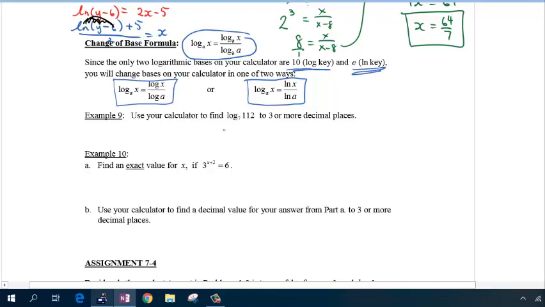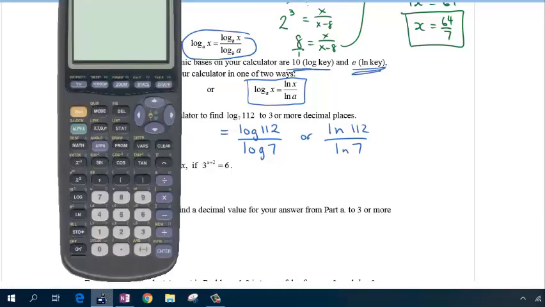So for number 9, you can rewrite this as log 112 over log 7 using the common base of 10. Or you could have also used natural log of 112 over natural log of 7. And in both of these cases, you should get the same decimal answer. You don't believe me? Let me show you.